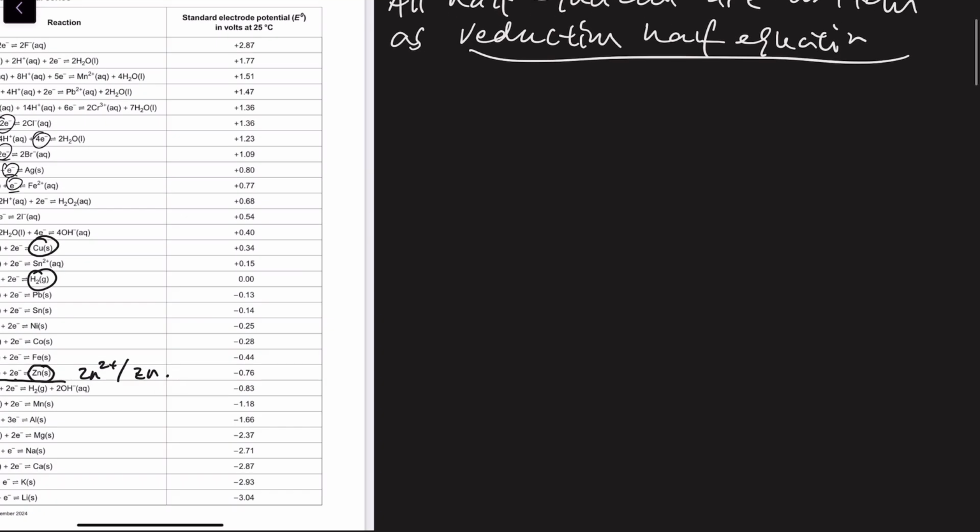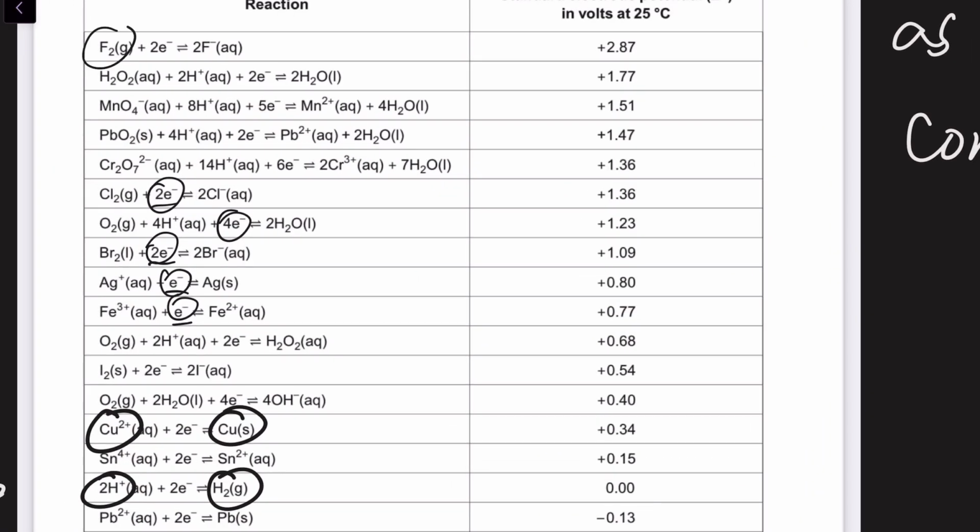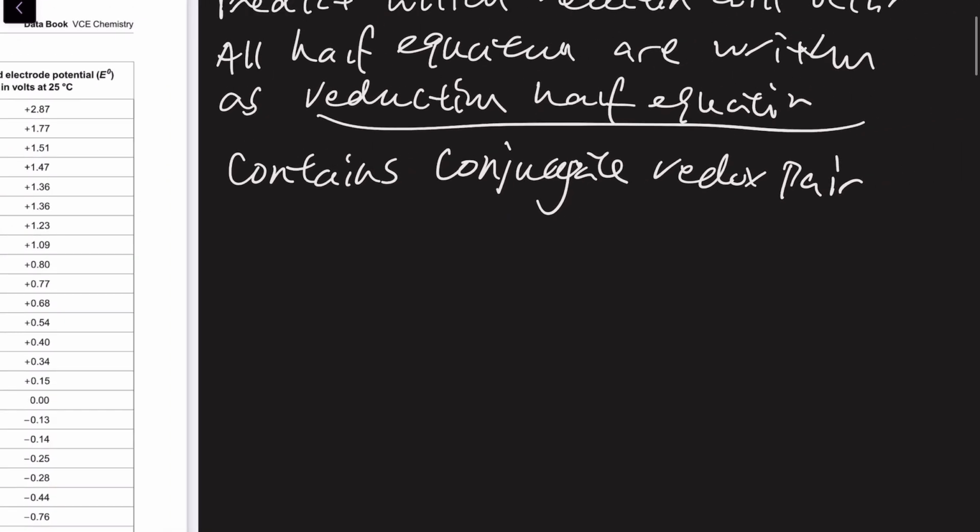And it contains conjugate redox pairs. So everything here is a conjugate redox pair. This is good to know.